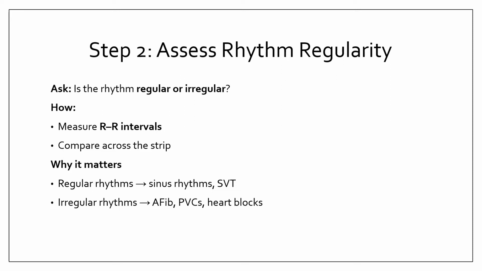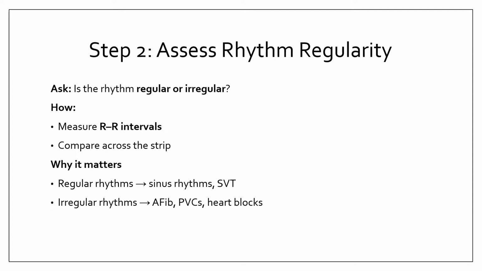And we can have types of irregularity, so we can have a regularly irregular pattern. For example, some certain heart blocks, or when we get to talking about premature atrial contractions or premature ventricular contractions, they can be in a regularly irregular pattern.